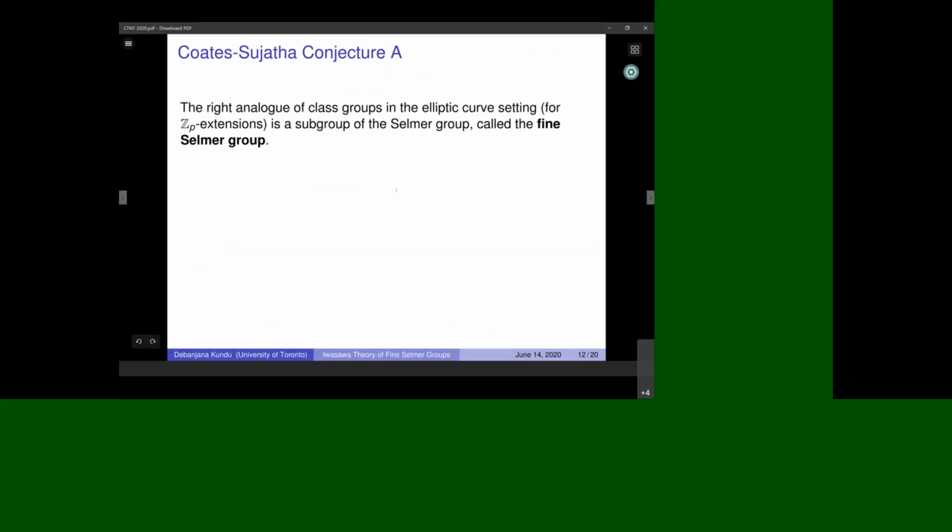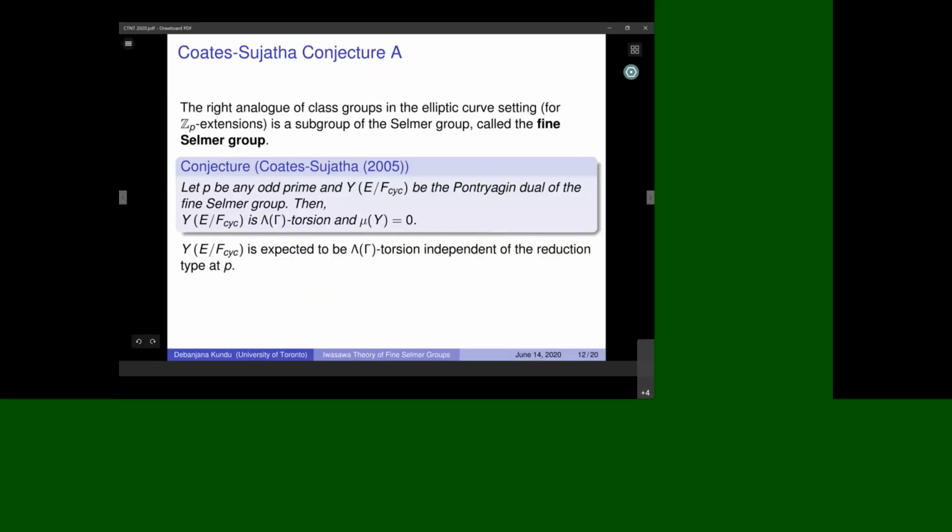So in 2005, Coates and Sujatha defined a subgroup of the Selmer group that they called the fine Selmer group. I'll give the definition on the next slide. The point of introducing this subgroup was that they were able to predict and show in some cases that this is the right analog of the class group in this Iwasawa theoretic setting.